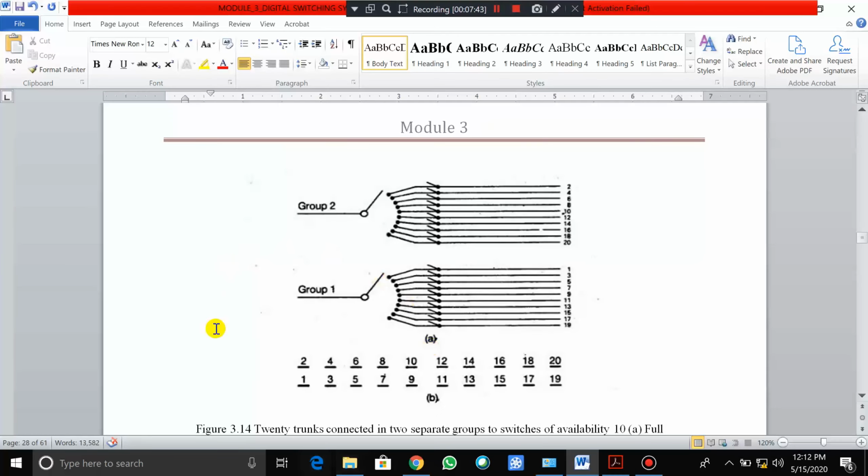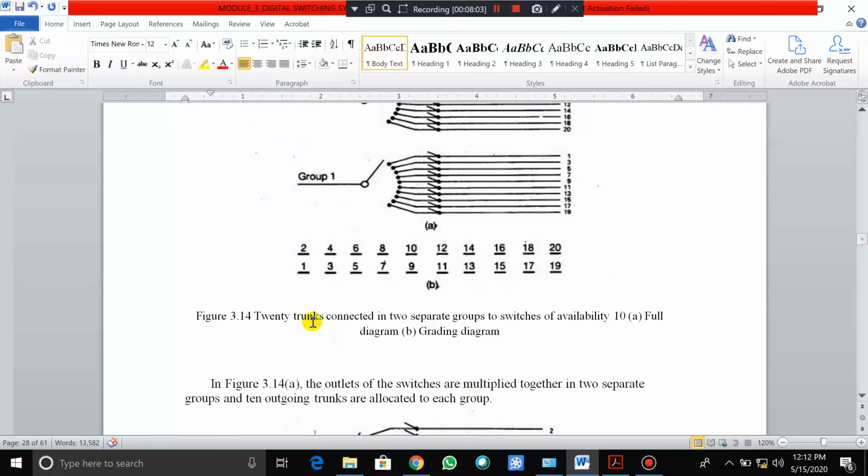In this diagram you can see group number 2 and group number 1. Group 2 has 2, 4, 6, 8, 10, all even, and group 1 has 1, 3, 5, 7, 9, all odd. So 20 trunks are connected in two separate groups of switches of availability 10.